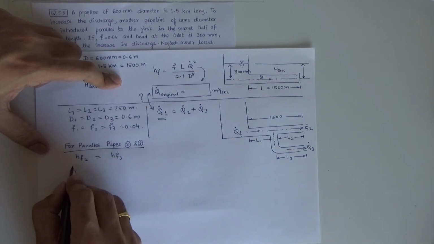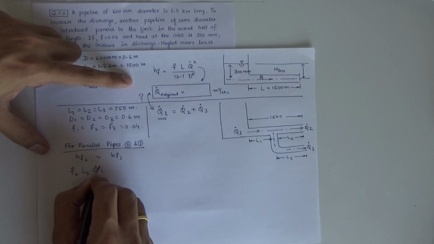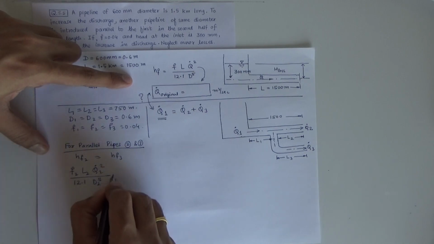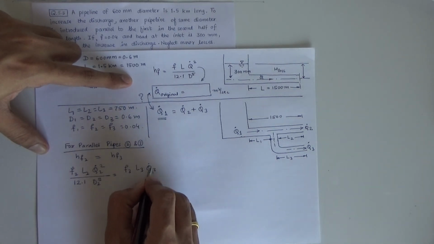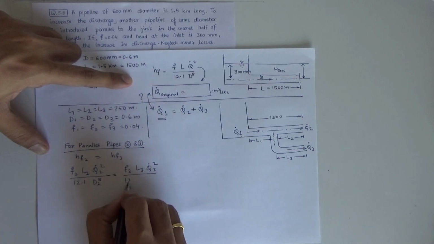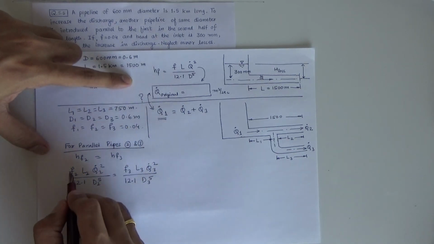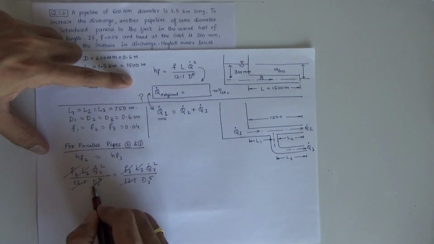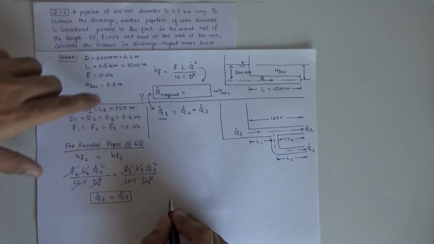You can write down, see here now, F2 L2 discharge 2 square upon 12.1 D2 raised to 5 equal to F3 L3 discharge 3 square upon 12.1 D3 raised to 5. You can observe carefully, F is same, 12.1 can be cancelled, L is same, D is same. So it indicates clearly that Q dot 2 is same as Q dot 3.